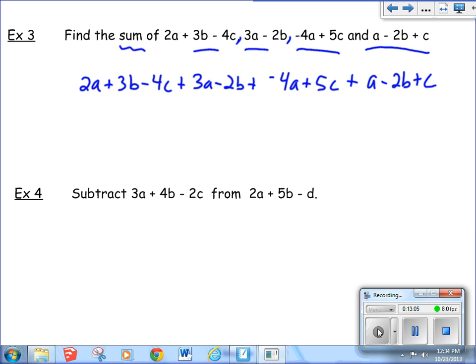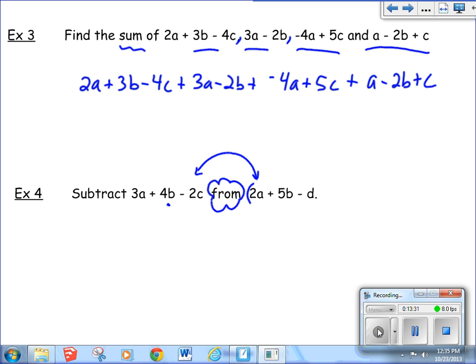Very good, Mike. Circle the word from. All right, when you see subtract from, circle the word from and realize, like Michael just said, you got to flip-flop it because this quantity here is being taken away from this quantity. So when you write it mathematically, which quantity has to go out front? Mary?